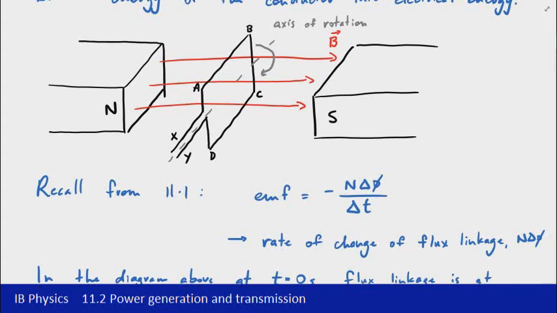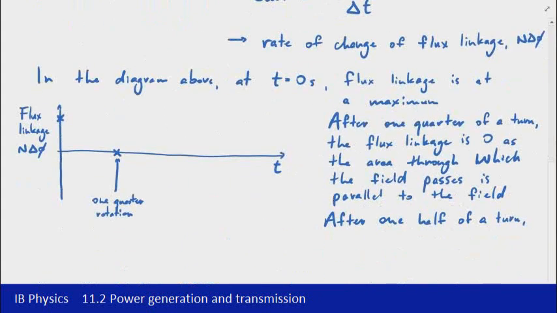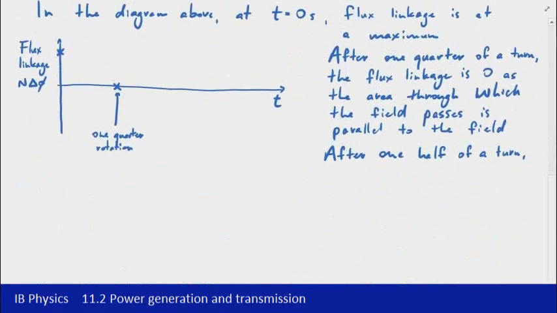If we've then rotated, the area is now sort of facing in the opposite direction. So basically what it means is that we've still got a maximum in terms of the size of the flux linkage, but it's now in the opposite direction. And remember that flux is a vector quantity.